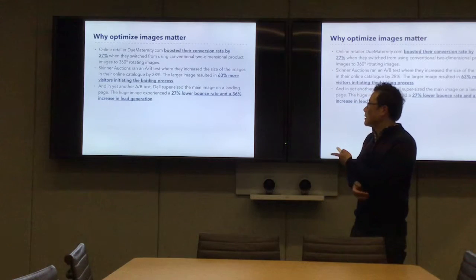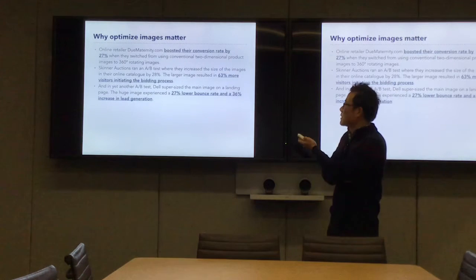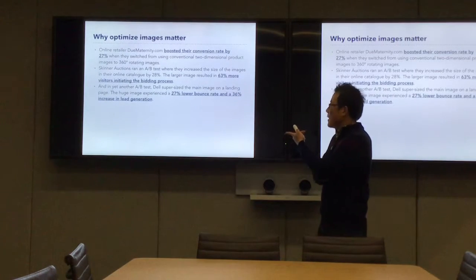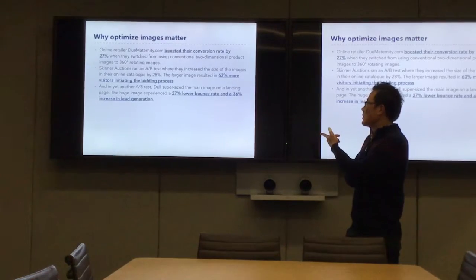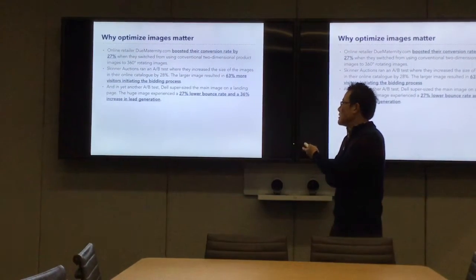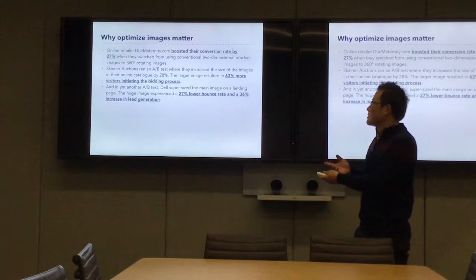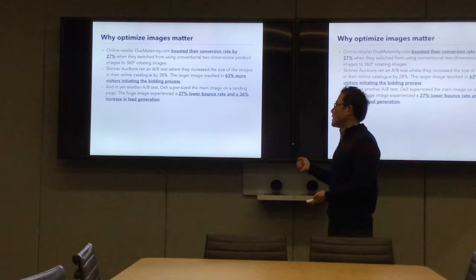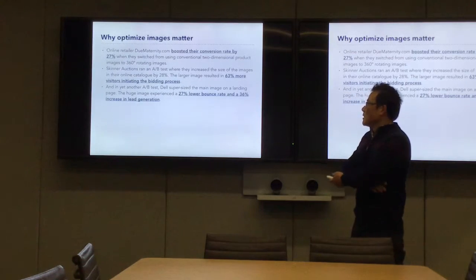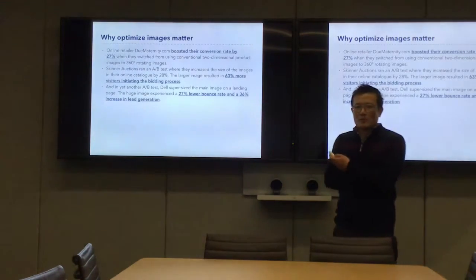In A/B tests, on the main landing page with a huge image, you got a 20% lower bounce rate and 30% increase in lead generation. So big images really matter.